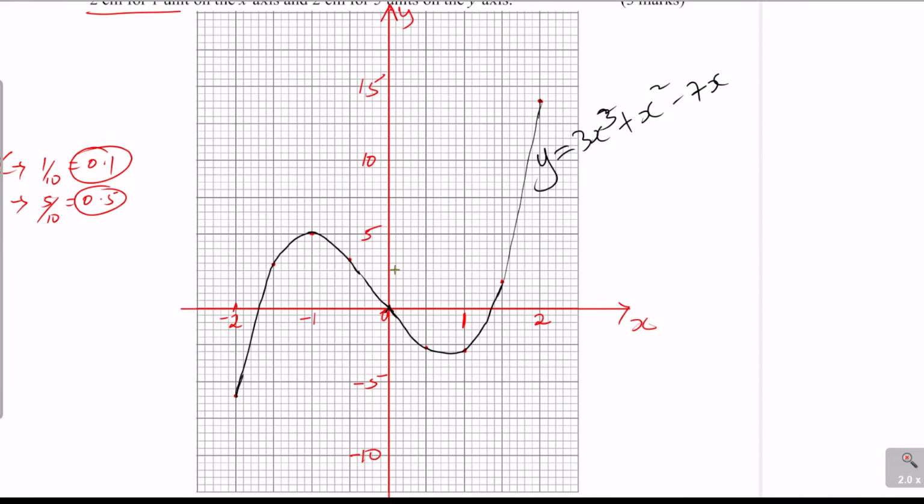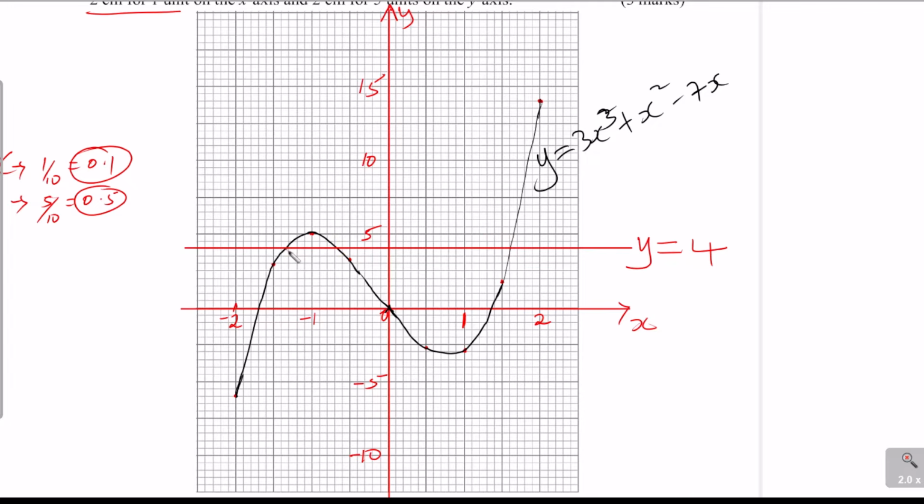Draw the line that passes through this point. That is the line. 4 is here. So 4 is there. So this is y equals 4. Now for you to get the solutions, kindly identify the points where that line cuts the curve. The first one is here, the second one is here, and the third one is here.